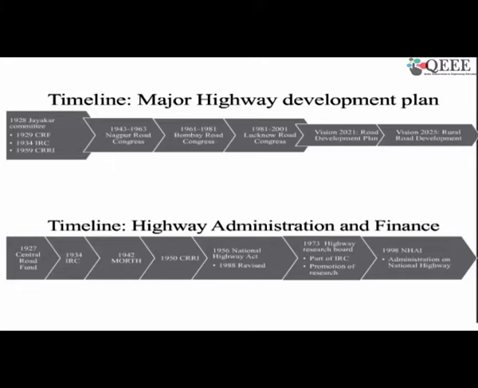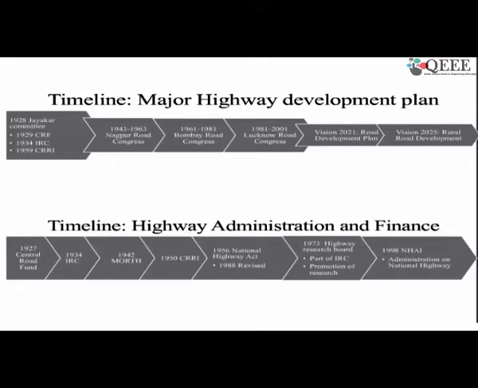Another suggestion which came from the Jayakar committee is the Indian Roads Congress, an organization through which all these developments can be synchronized and looked into, and they get the same overall platform. To execute this development and to look after it from the government side, MORTH came up, which is the Ministry of Road Transport and Highways.